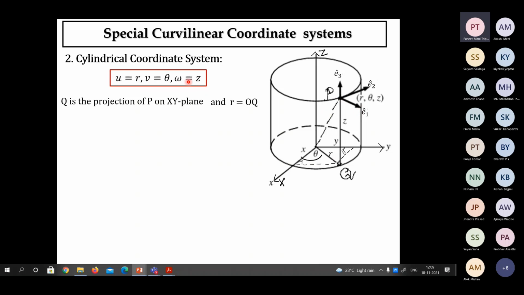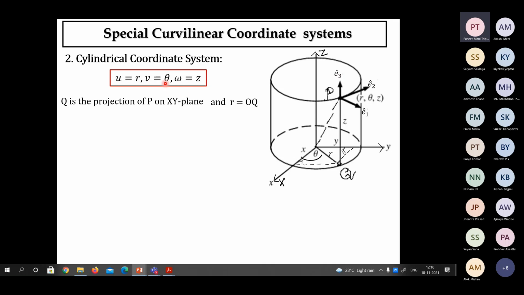Similarly, E3 is very simple, it is also a distance, along the z axis. So at point P you can mark E3 parallel to z, in the z direction.